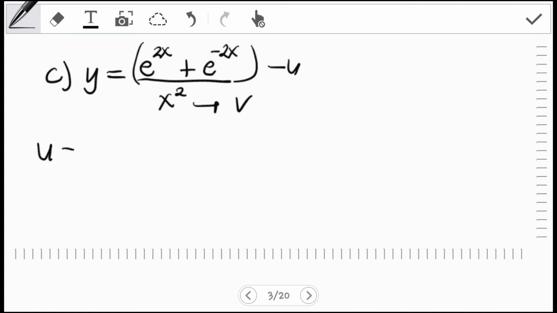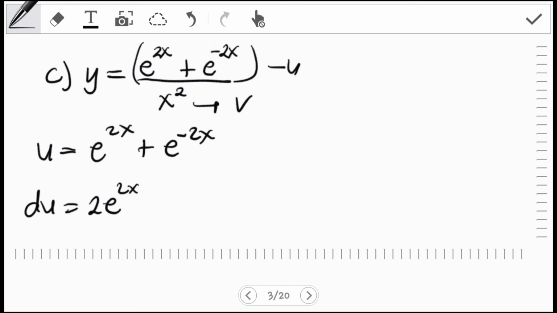So u is equivalent to e to the power 2x plus e to the power negative 2x, where du is equivalent to 2 e to the power 2x. The derivative of negative 2x is negative 2, so that is minus here: minus 2 e to the power negative 2x. So du over dx is 2 e to the power 2x minus 2 e to the power negative 2x.